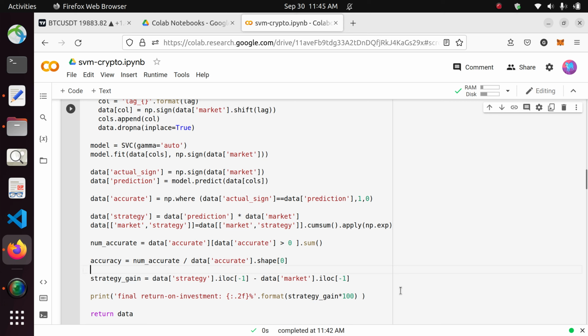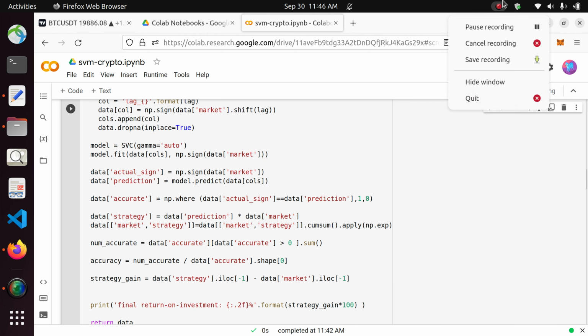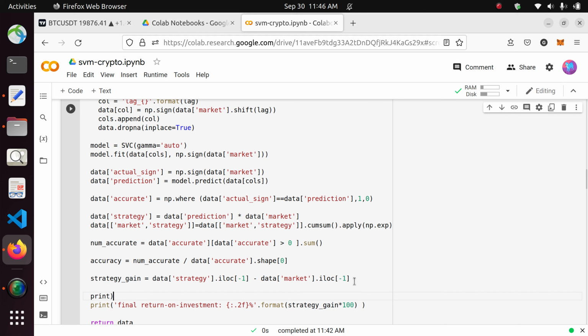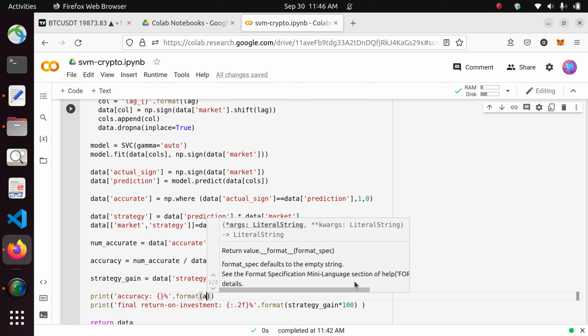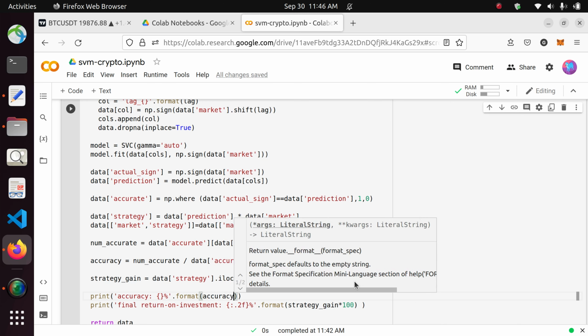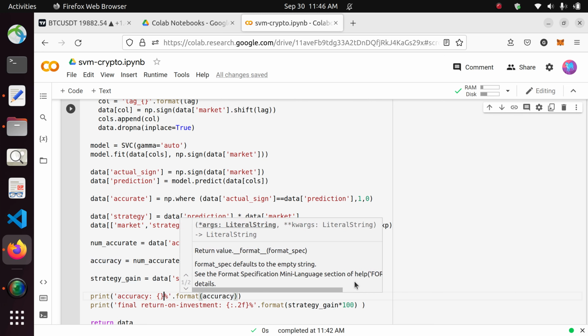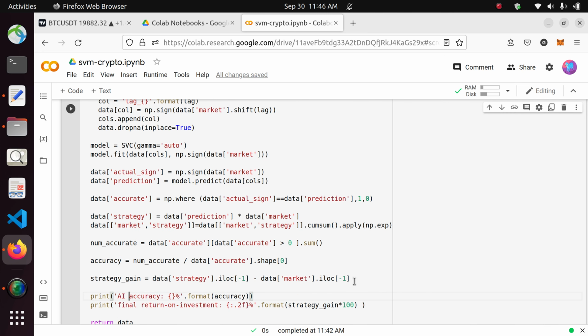Now we can set up a printing statement. Print accuracy. We can call it AI accuracy.